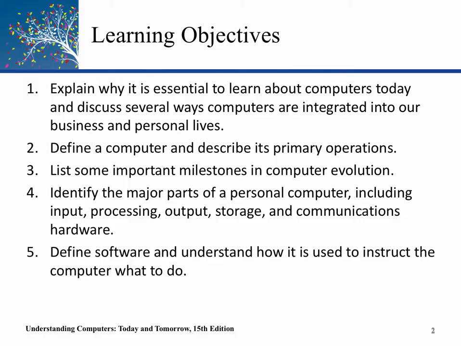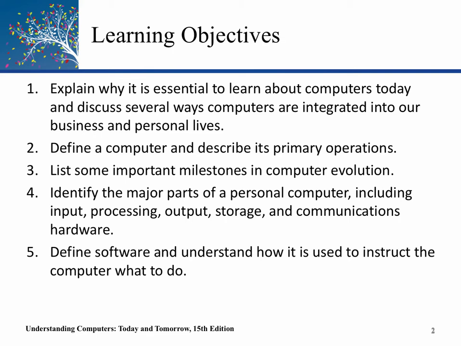Some of the learning objectives that you'll go through in this chapter. We're going to learn about why it's essential to learn about computers today. We're going to talk about ways that computers have been integrated into our business and personal lives. We're going to talk about a computer and describe its primary functions and operations. We're going to look at some of the important computer evolution milestones. We're going to identify major parts of personal computers.